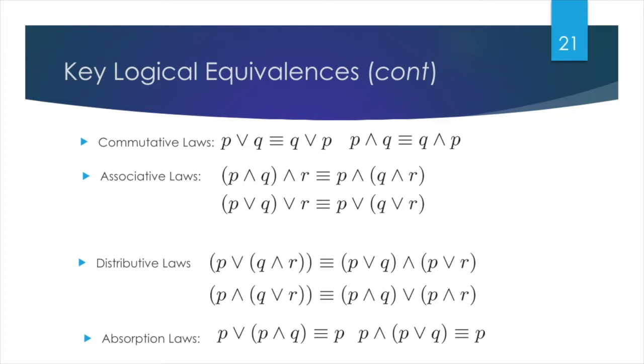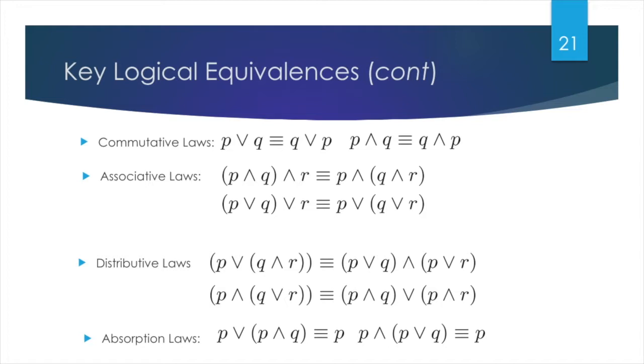This is the same law that we use in logic. Now I want to take the parentheses out. I can simply say P and Q and R could be rewritten as P and, with parentheses around Q and R.